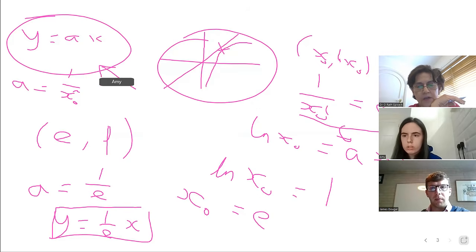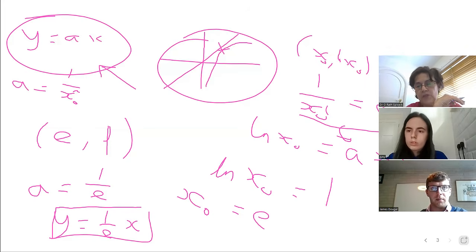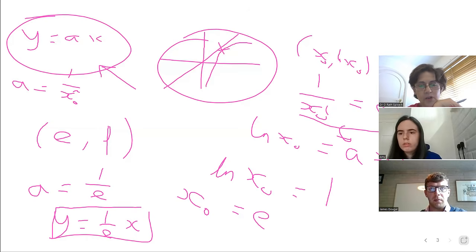Quite rightly, when you were looking at the intersections between the straight line and the natural log of x, you said the tangent at that point has to be the same. So if our function is not y equals ax, but y equals ax squared, does anything change?